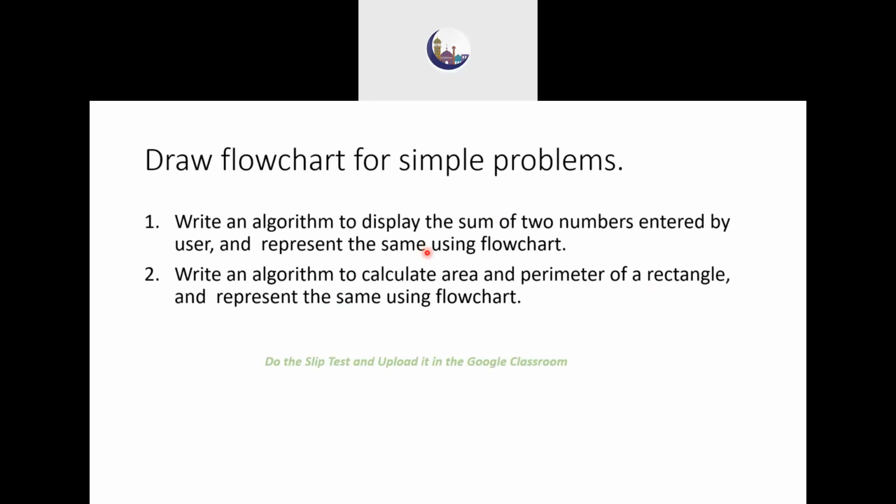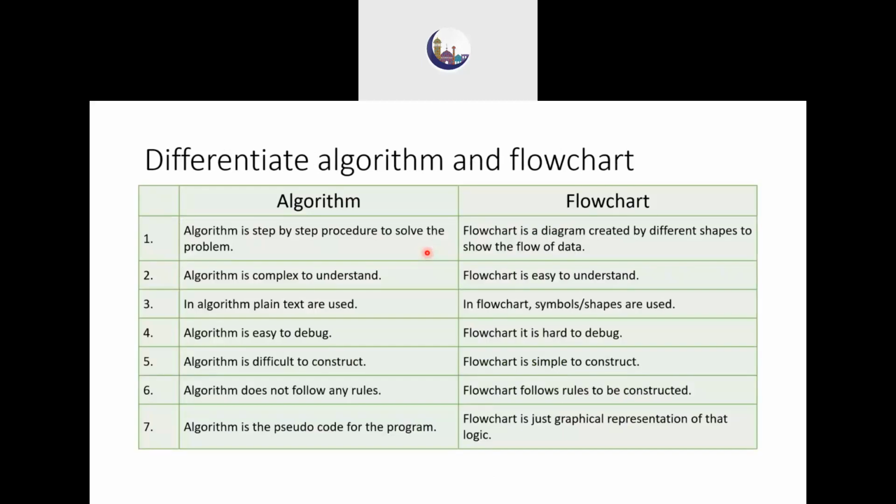Do remember this. Now, coming to the differentiation between an algorithm and a flowchart. Basically, an algorithm is a step-by-step procedure to solve a problem. A flowchart is a diagrammatic representation containing different shapes to show the flow. Algorithm is complex.